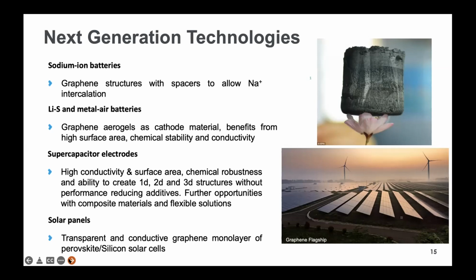And so there is a large scale solar panel field being generated and this idea tested out. So lots and lots of different opportunities for graphene in energy, from storage to generation and transport as well.